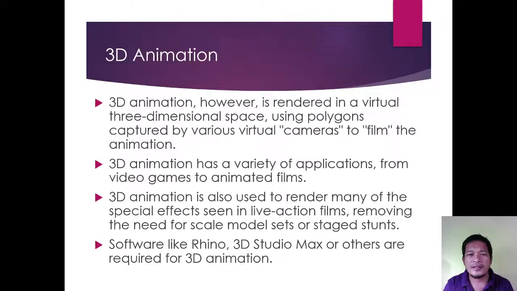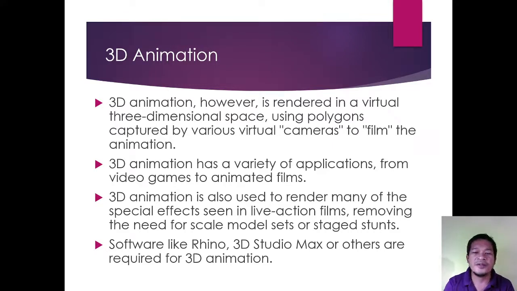3D animation, however, is rendered in a virtual three-dimensional space: the X, the Y, and the Z, using polygons captured by various virtual cameras to film the animation. 3D animation has a variety of applications from video games to animated films.